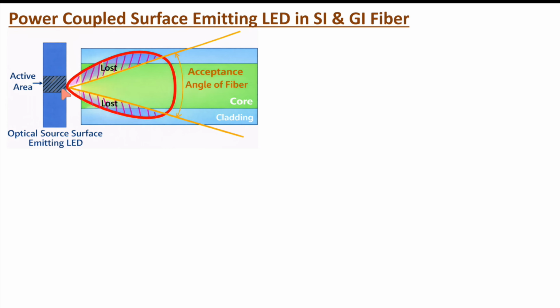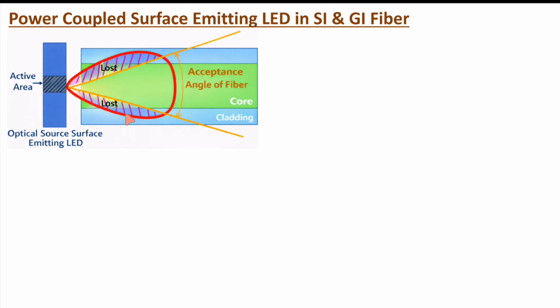When you radiate light inside the optical fiber, light is accepted only within this acceptance cone. Here you can observe the acceptance angle of the fiber. If light is coming within this region, it only gets propagated inside the core region. Light which has a higher angle than the acceptance angle gets lost over here, right?